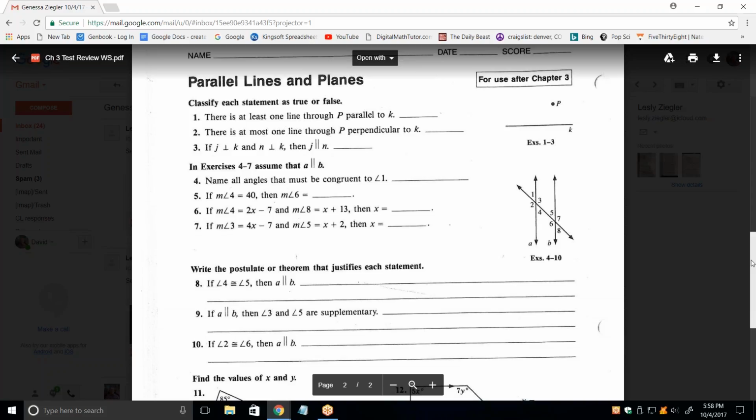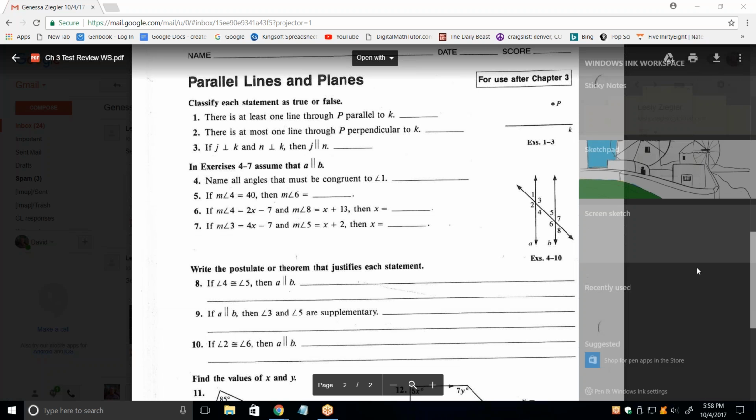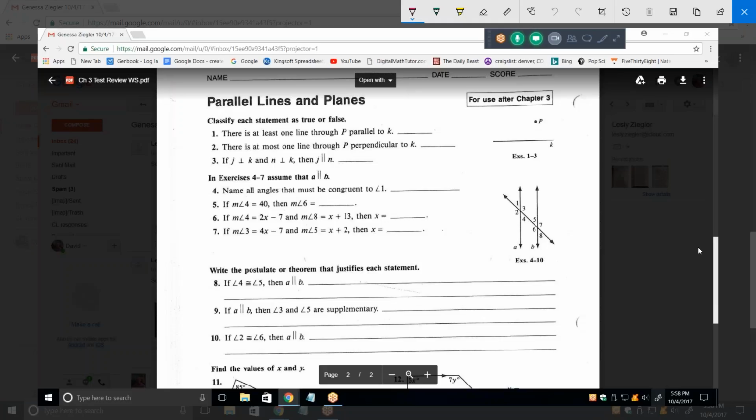There's at most one line through P perpendicular to K. True. Yeah. Here, let me write on here. In other words, I can draw one that's perpendicular, but I don't know any other way. That one's not perpendicular, that one's not perpendicular. I can only draw one line that's perpendicular to K.